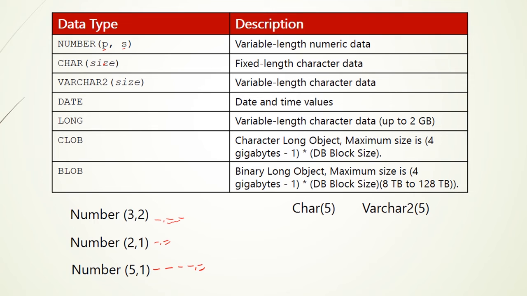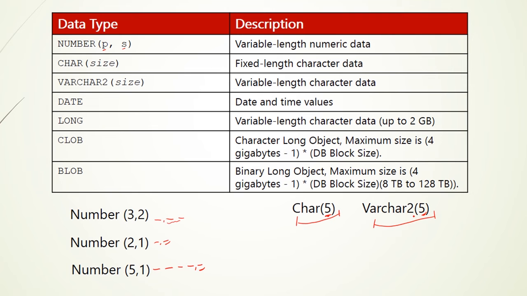The difference between CHAR and VARCHAR2: for example, if you define a column as CHAR(5) and define another column as VARCHAR2(5). Here in CHAR(5), the size is the maximum size. You cannot insert a string larger than 5 characters in a column defined as CHAR(5). Here also this is the maximum size, it is 5.